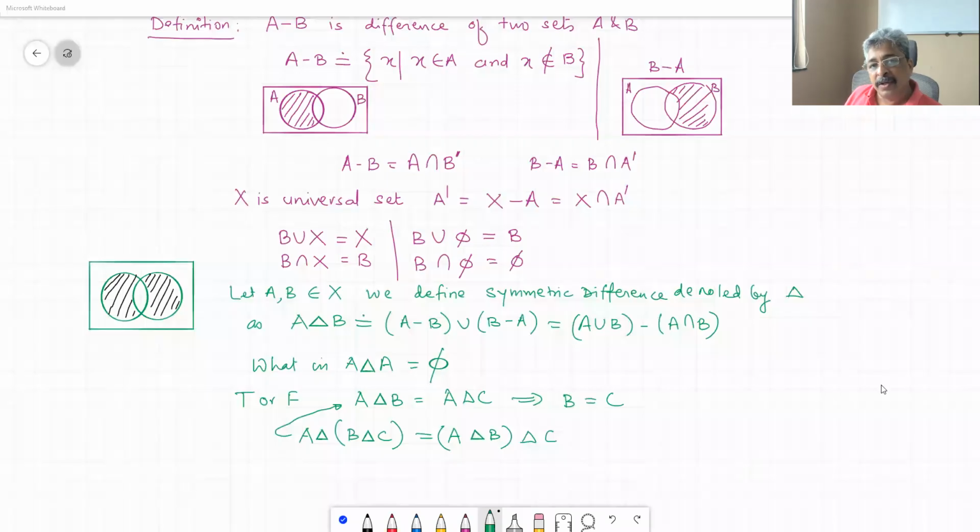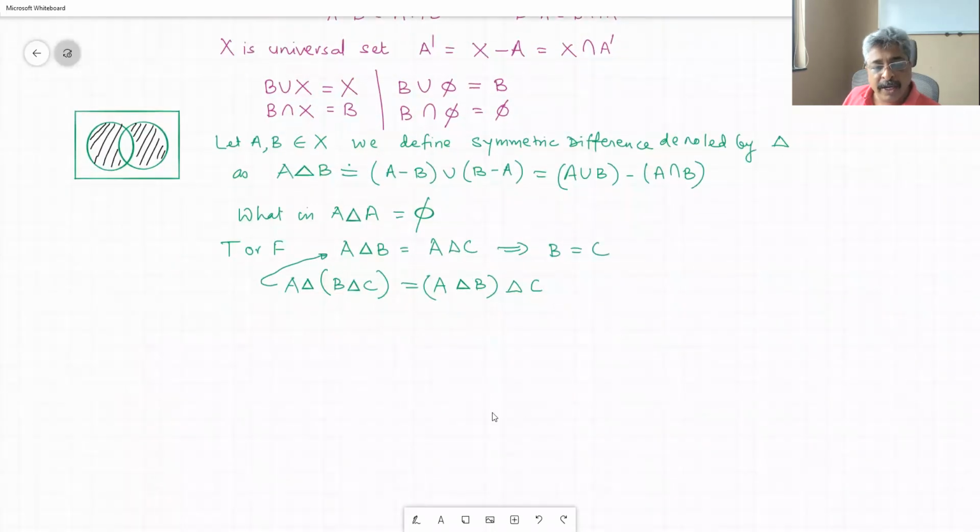So, to solve this problem, A delta B is equal to A delta C implies B is equal to C, true or false, we will require this property, and I want you to prove this property, if true, of course, using Venn diagram, and then we will spend a good amount of time to write the algebraic proof of this also. But right now you can do it using Venn diagram.